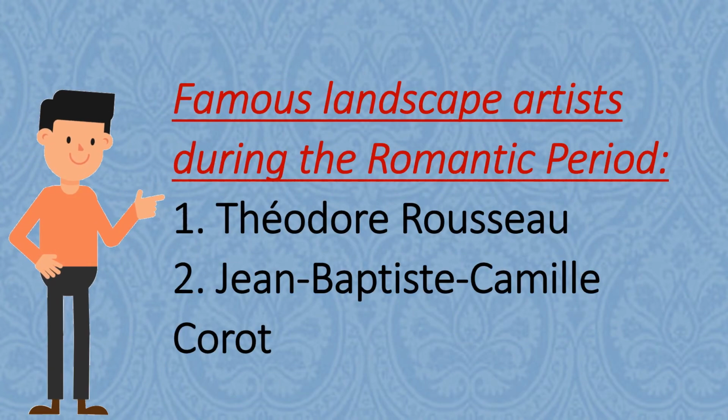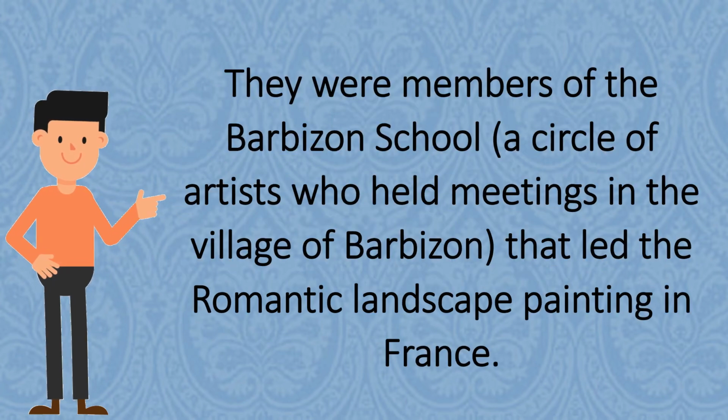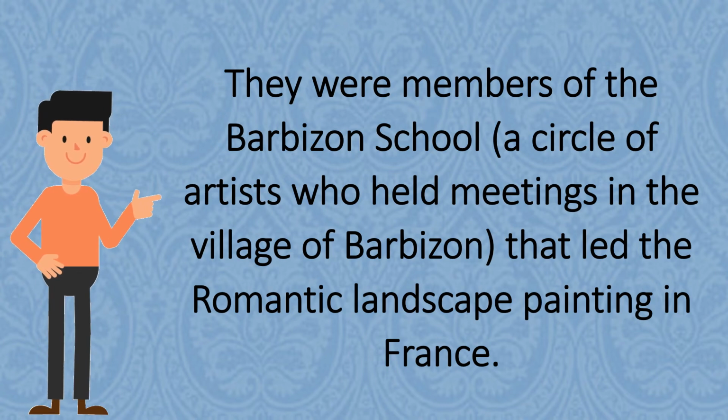The famous landscape artists during the Romantic period are Theodore Rousseau and Jean-Baptiste Camille Corot. They were members of the Barbizon School, a circle of artists who held meetings in the village of Barbizon that led the romantic landscape painting in France. So they started it in France.